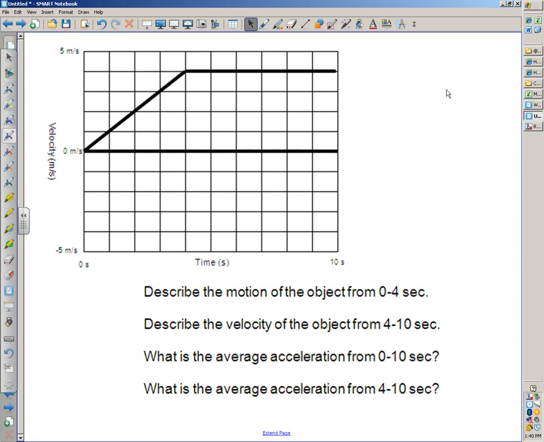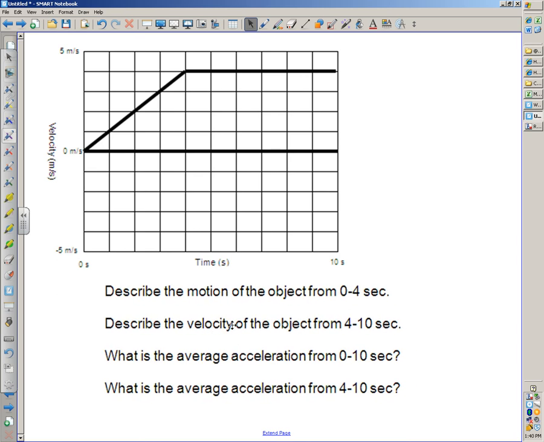The motion from 0 to 4 is moving. And then velocity from 4 to 10. Acceleration from 0 to 4, displacement over time. So it changes 0 over time.